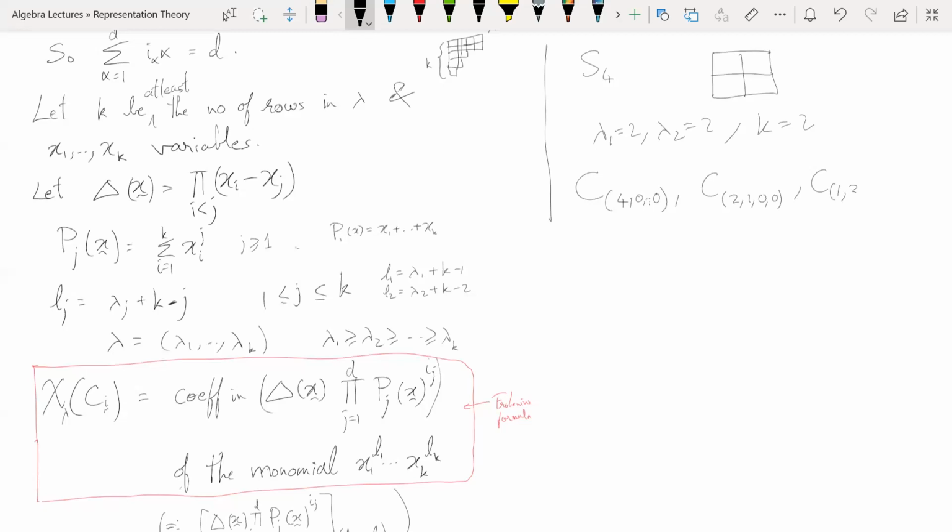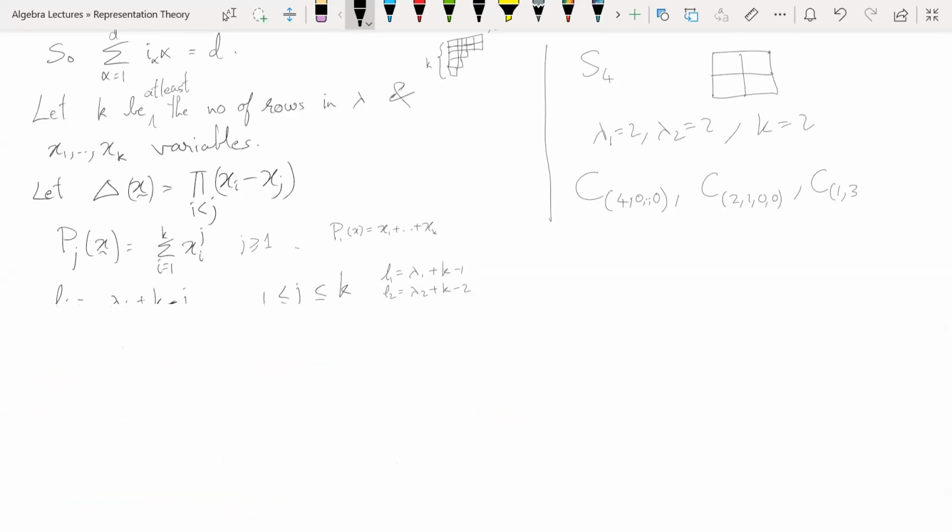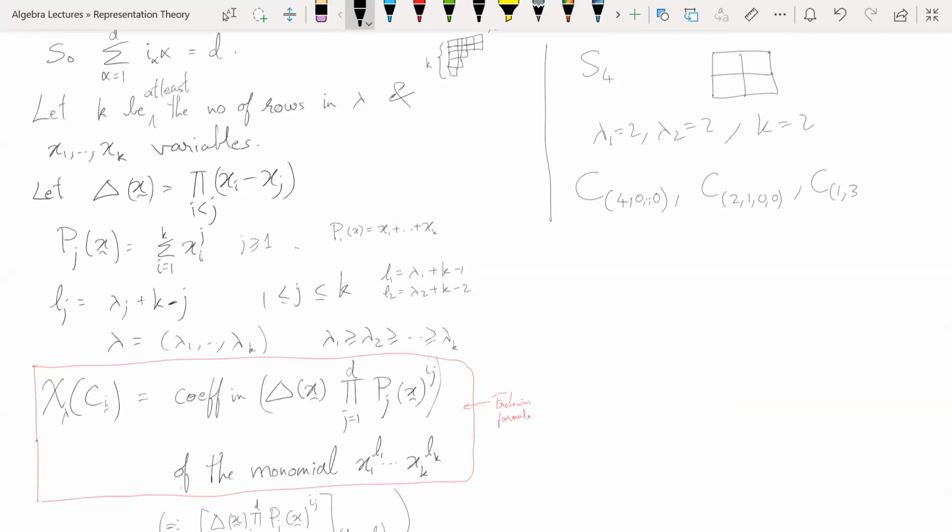Then if there is a 3-cycle, the other should be a 1-cycle, and then 0 0. So this is not the right thing. 1 0 1 0, this is right. Yeah, and then maybe 1 4-cycle.